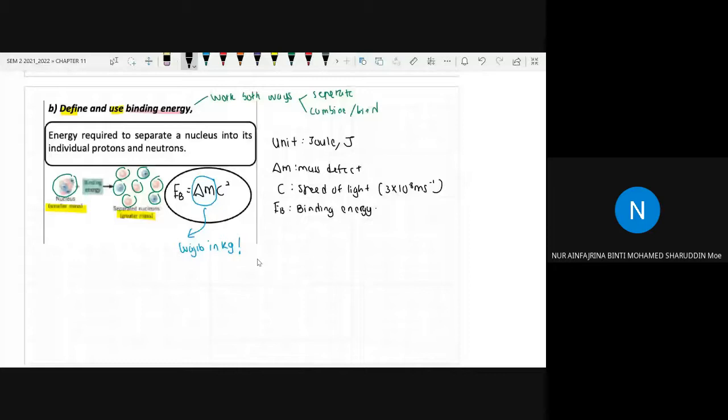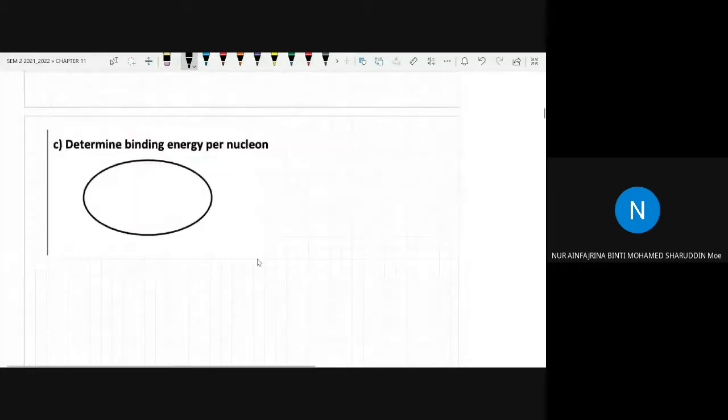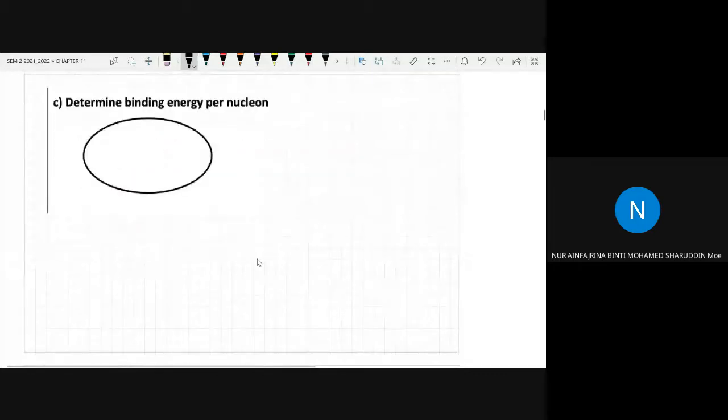The third part, we will look at determine binding energy per nucleon. So meaning per nucleon number je lah. So this is binding energy per nucleon. As we know, we will have atom, and then for example, A and Z. So you know this is nucleon number. So it's binding energy per nucleon, tambah je nucleon number.